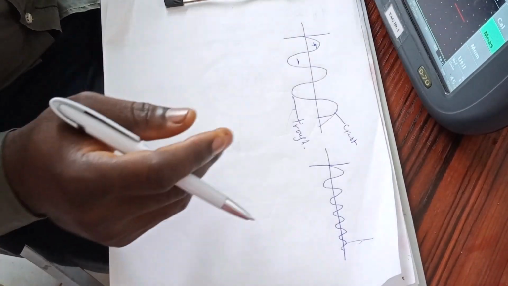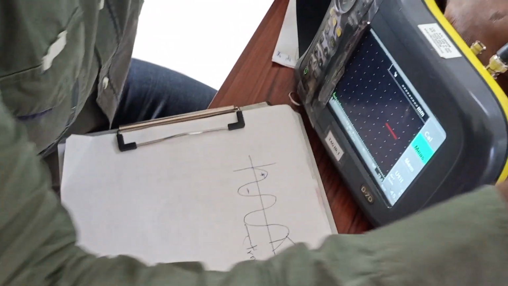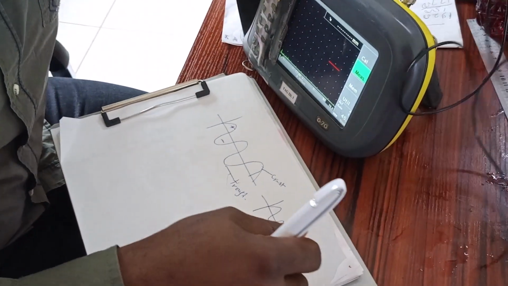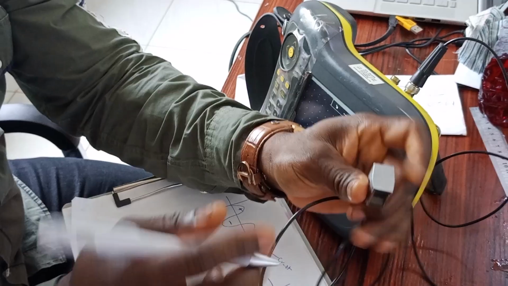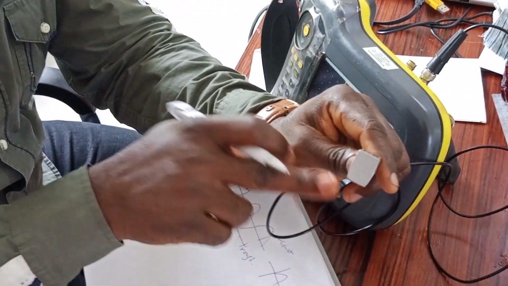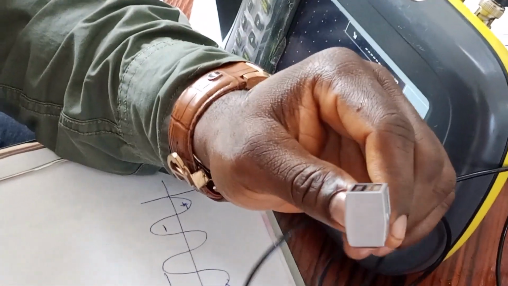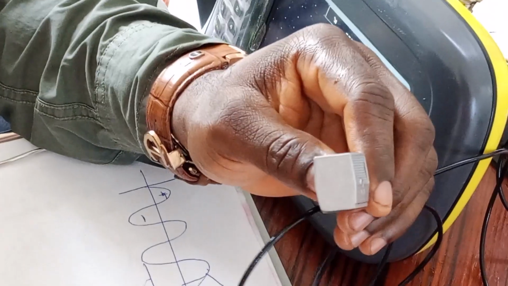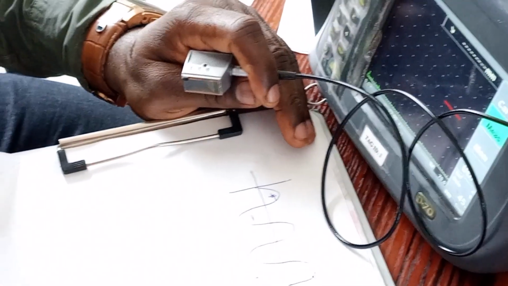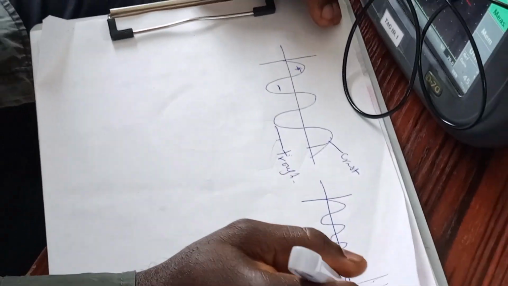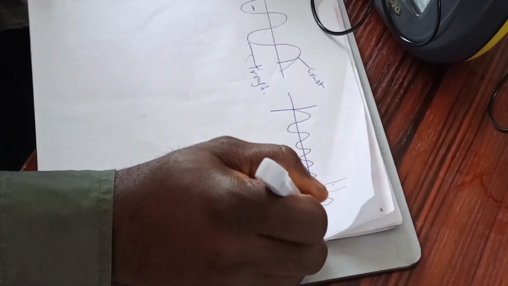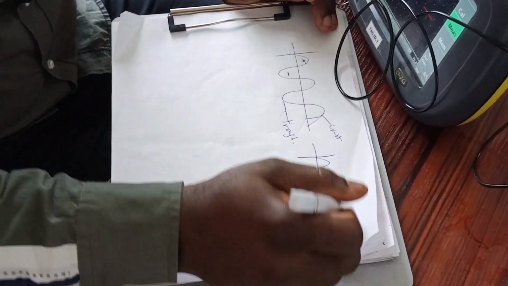If I have a probe now, let's say this is a Marango probe, for example, and it's producing an ultrasound, it's producing it as a pulse. So this is one pulse. It releases another one and dies down, another pulse. So that's what happens.